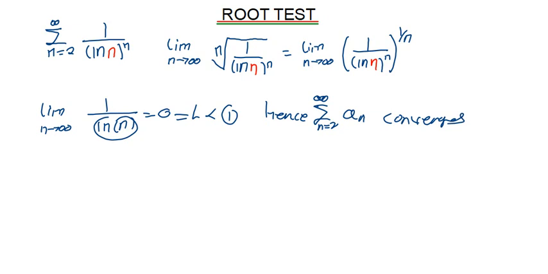So the key point is just to find what your L is, and after you find your L, you make an interpretation by having that knowledge of to say, okay, is my L less than 1, or is it greater than 1?